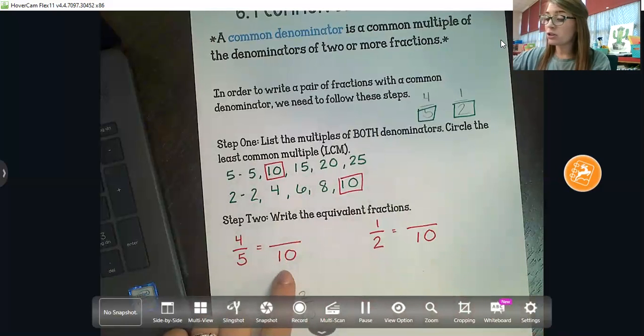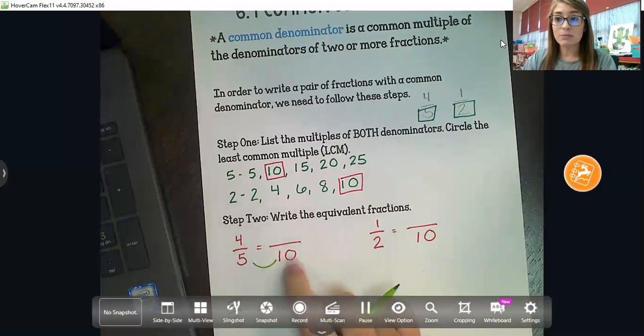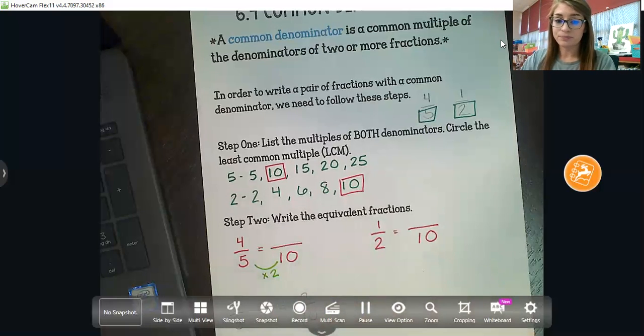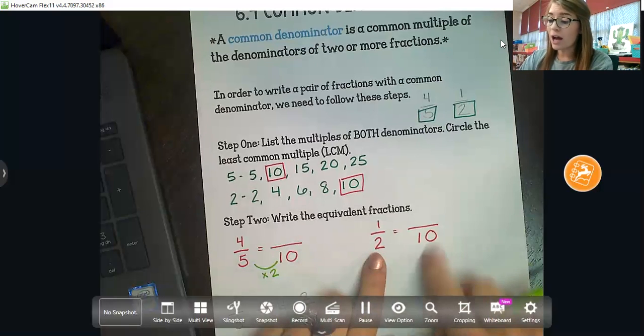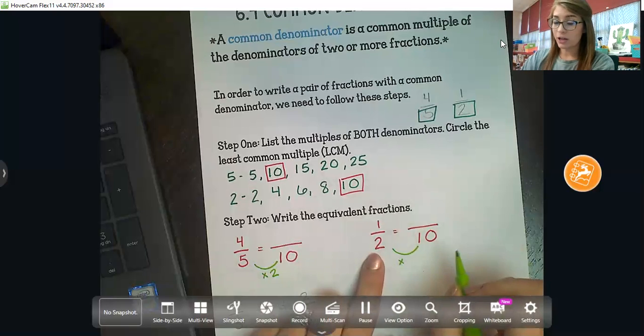So that means we have to look at it and say, okay, 5 times what gives me 10? Very good. 5 times 2 gives me 10. Okay, 2 times what gives me 10? Very good. 2 times 5 gives you 10.